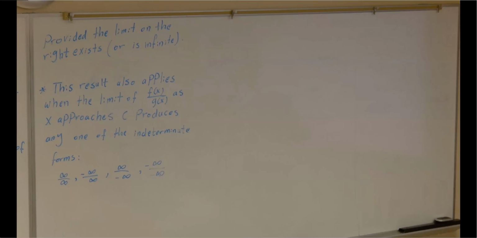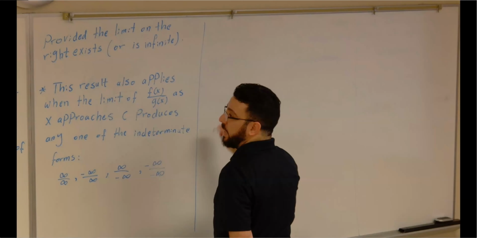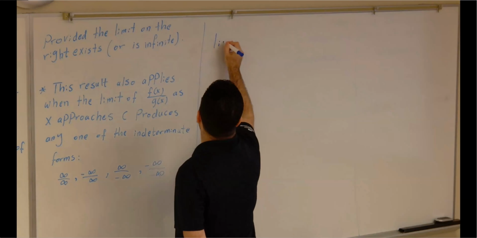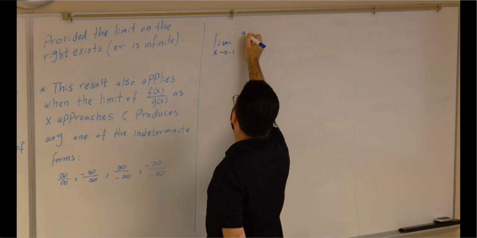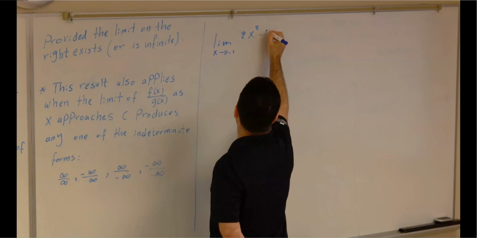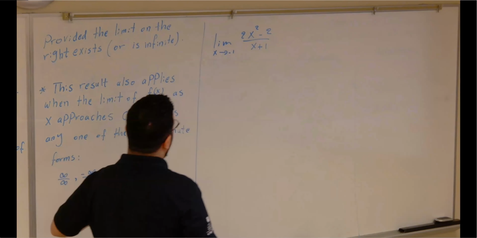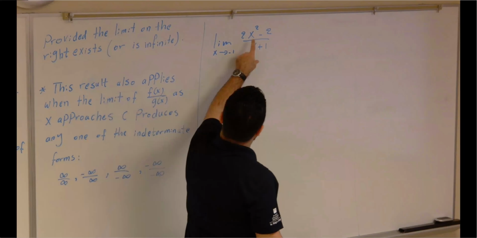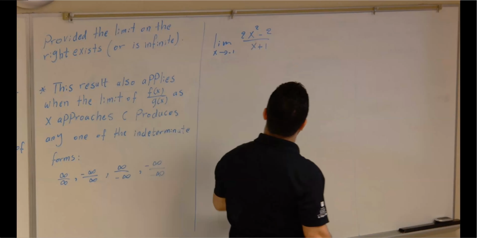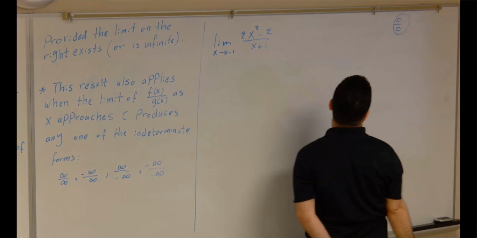The first example is the limit as x approaches -1 of 2x squared minus 2 over x plus 1. If I plug in -1 here, we get 0 on the top and 0 on the bottom. That means 0/0, I can use the rule.